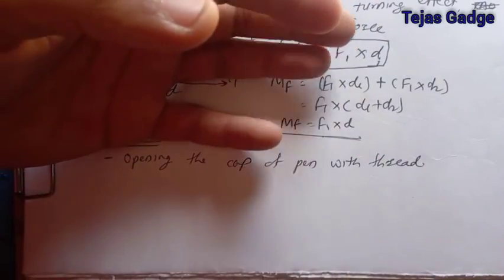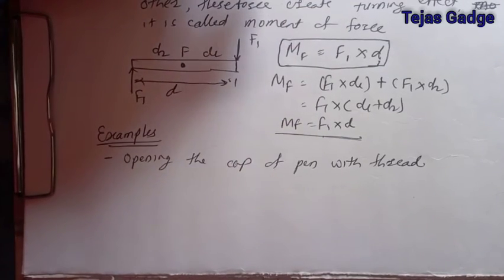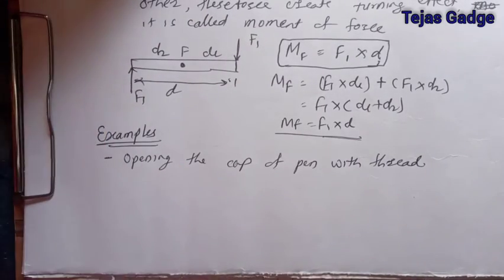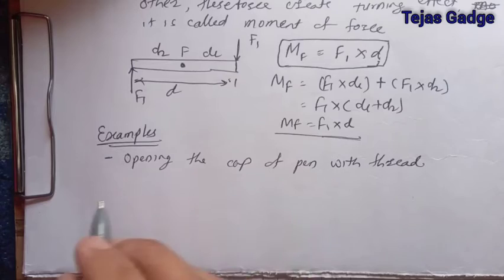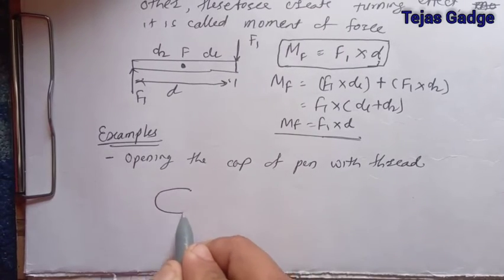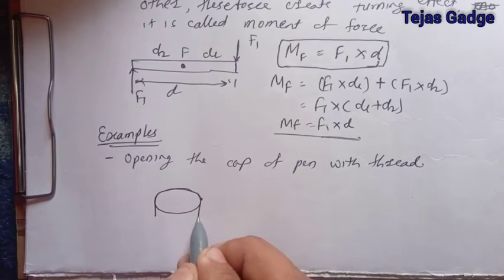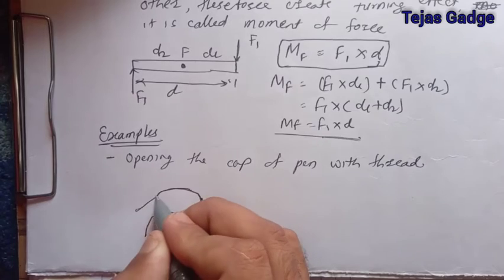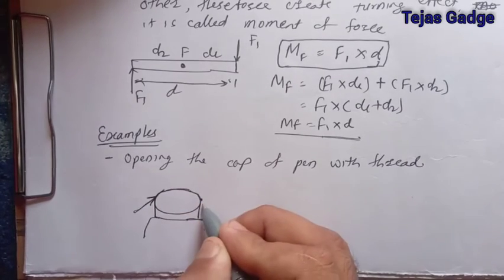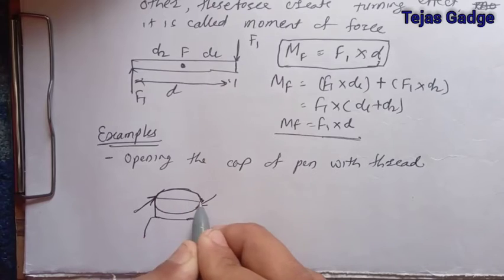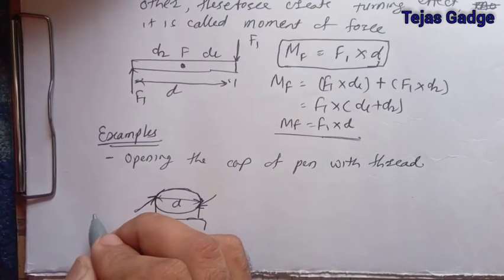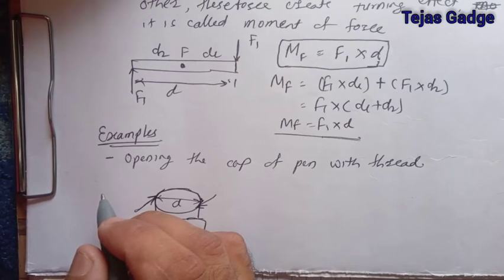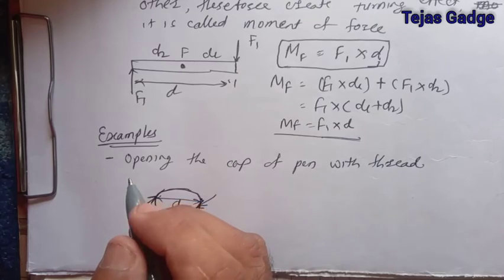Let us say this is a bottle cap. We apply force here tangentially and another force here tangentially at the distance d. So these are taken as a couple. Everybody got this?